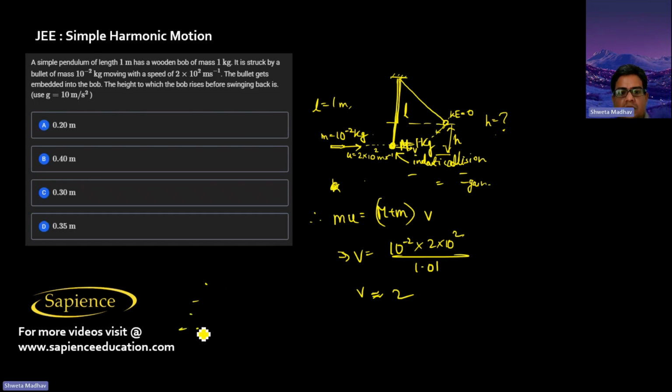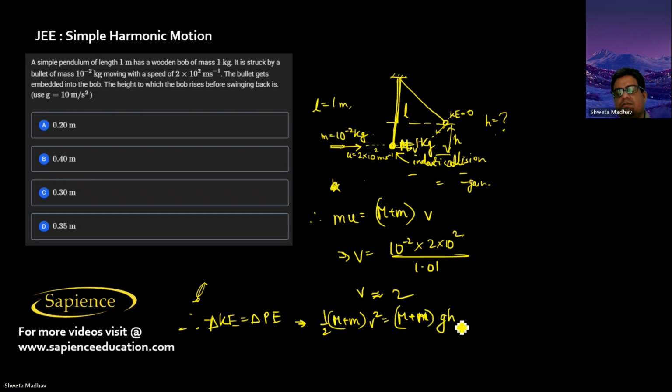Now therefore, the height to which it will rise: the loss in kinetic energy equals the gain in potential energy. So half (M plus m) v square equals (M plus m) g h.